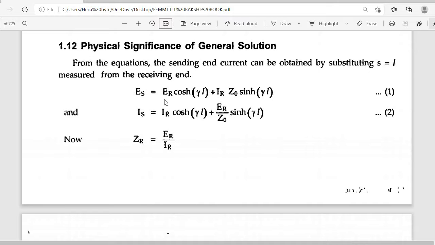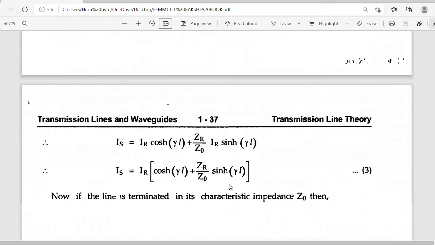So from the receiving end we write ES and IS, the sending voltage and sending current, in terms of hyperbolic functions: ES is ER cosh gamma L plus IR Z naught sinh gamma L, and IS is IR cosh gamma L plus ER by Z naught sinh gamma L. Then ZR is equal to ER by IR.